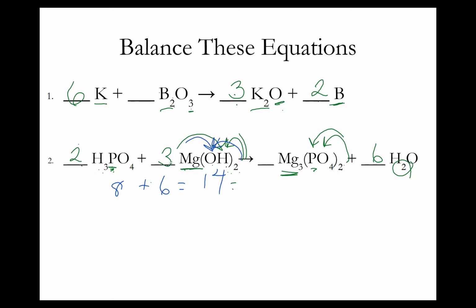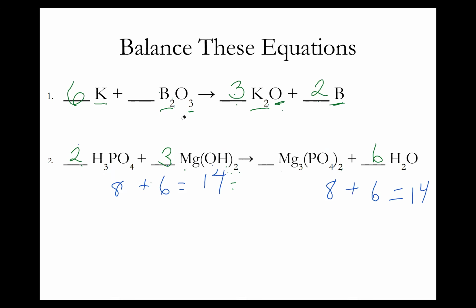Here we have 2 times 4, which is 8, plus 6 times 1, which is 6, which is 14. So we have correctly balanced this equation. Still the same process, but you're just adding a little bit of math to it. You're checking to see what you're doing, trying to make sure you have the same number on each side.